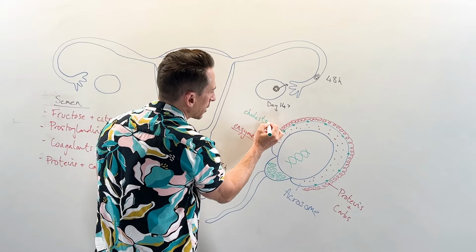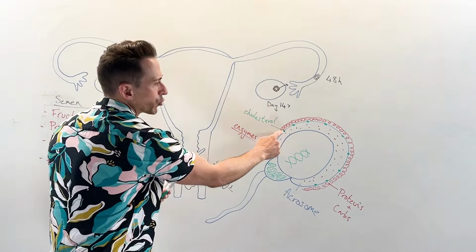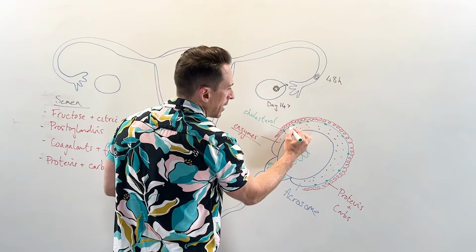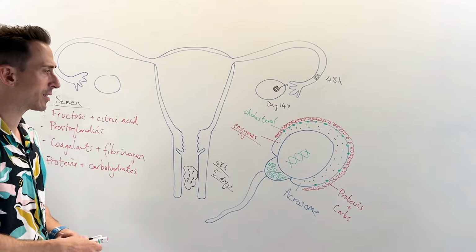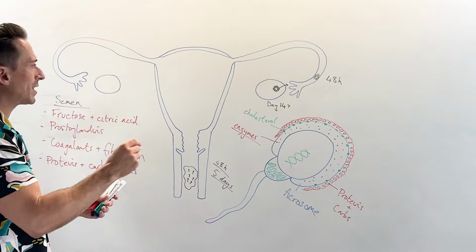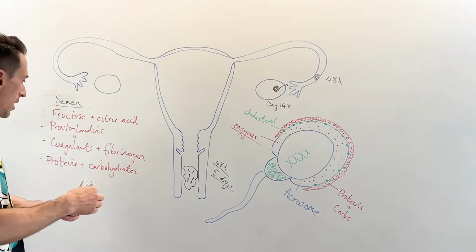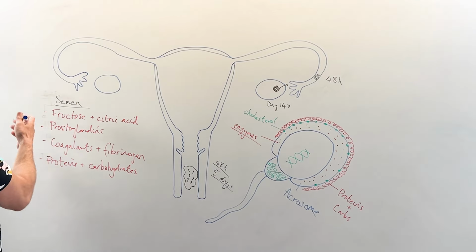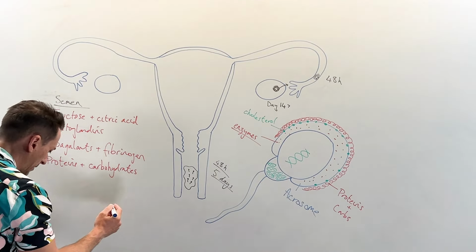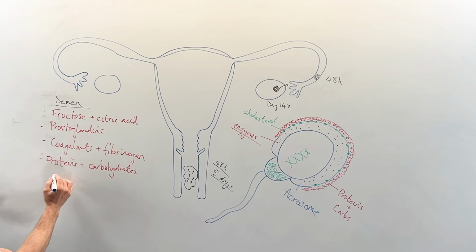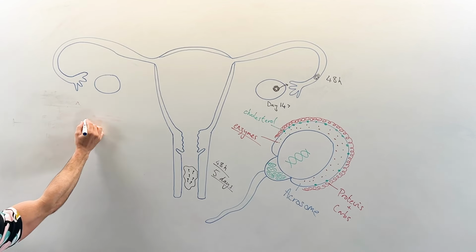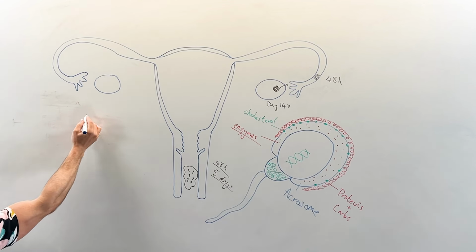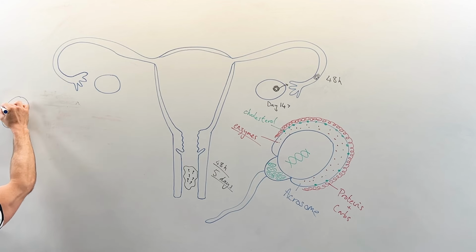Now, where does this cholesterol come from? This cholesterol, which embeds within the acrosomal membrane, there's heaps of it, more than you probably find in any other cell, because that sperm is made within the seminiferous tubules of our testes. Within our testes, where we make our sperm, if I draw up a seminiferous tubule, so here's a testis, here's the epididymis.